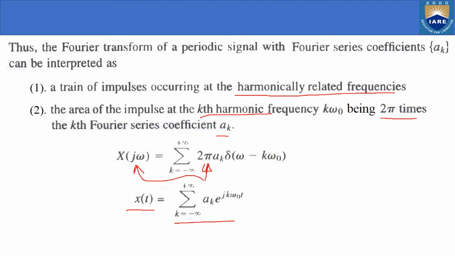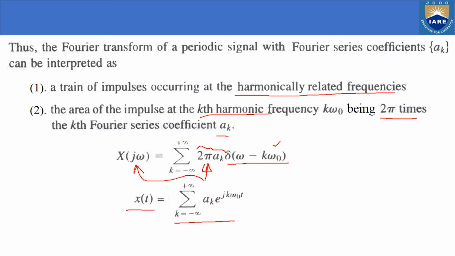In the Fourier series, I have the summation, the sum of infinite harmonics, and I have to multiply ak by 2 pi. Each Fourier series coefficient is multiplied by 2 pi, and this 2 pi ak corresponds to the amplitude of the kth harmonic. So this is the location of the harmonic. That is what is told.